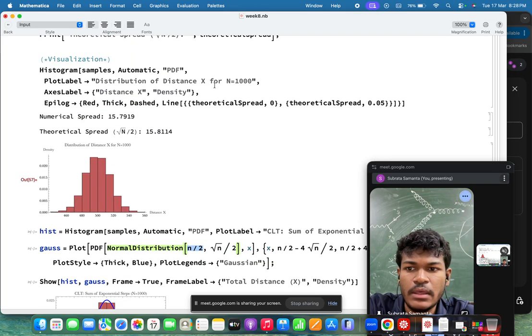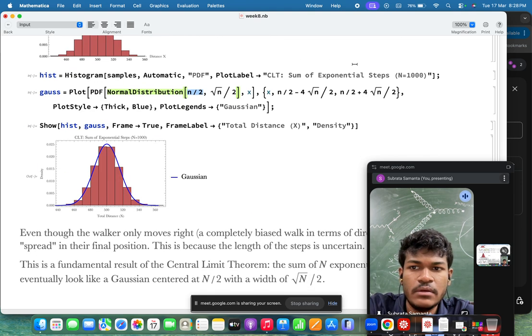This is also a PDF. I just assign the histogram to a hist variable here.